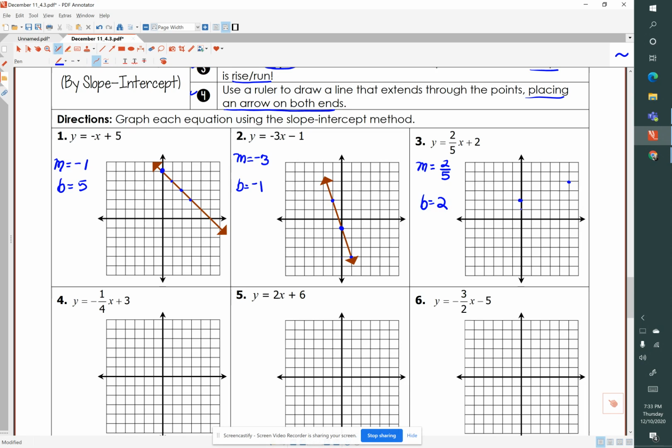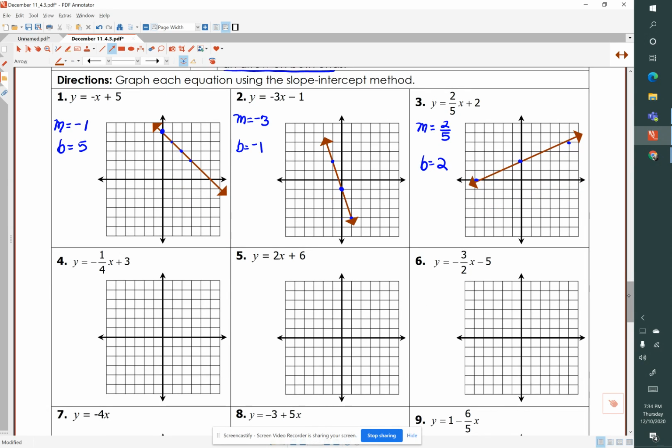And let's do -2 over -5 as well, down 2 and over 5. We should be able to get a nice line from that. Okay. So why don't you try 4, 5, and 6 on your own?